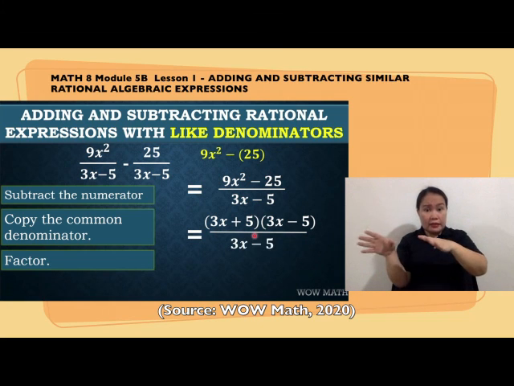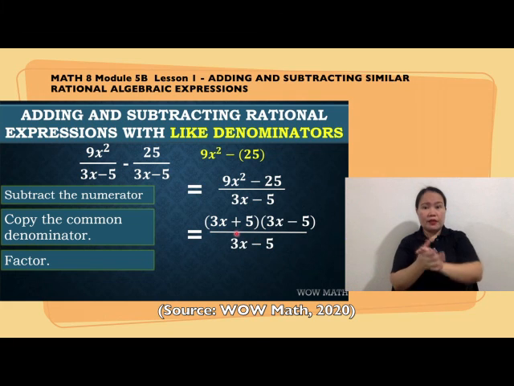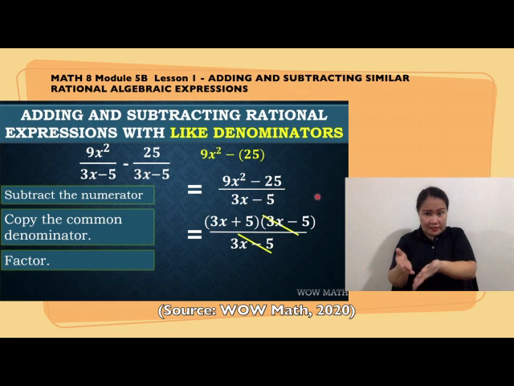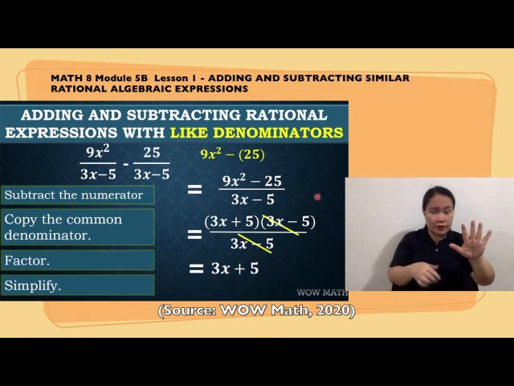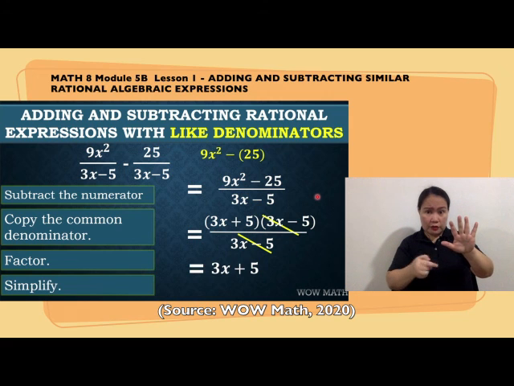And then copy the denominator. Now, after you factor the numerator, anong next step? Cancel. Okay, you can now cancel or divide. So, what's left is we have 3x plus 5.